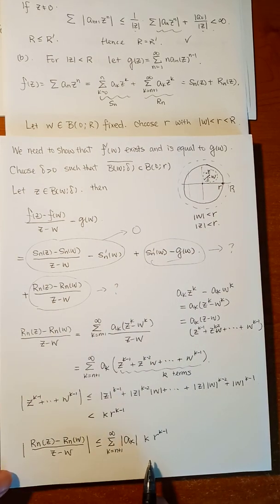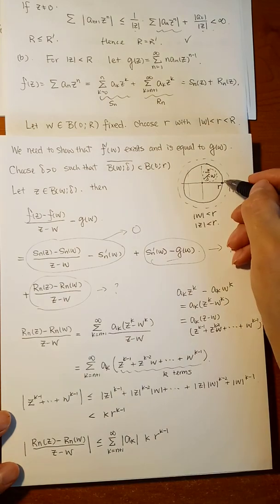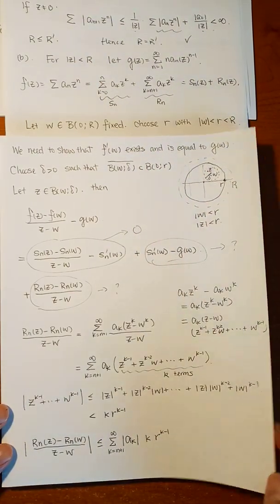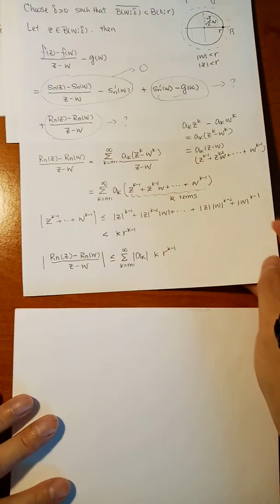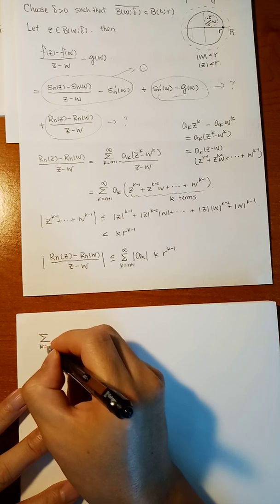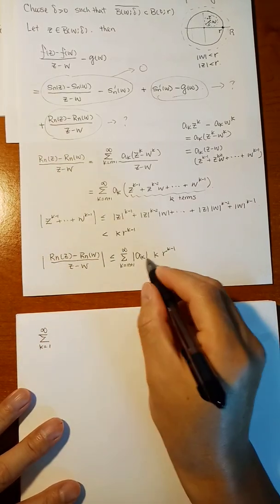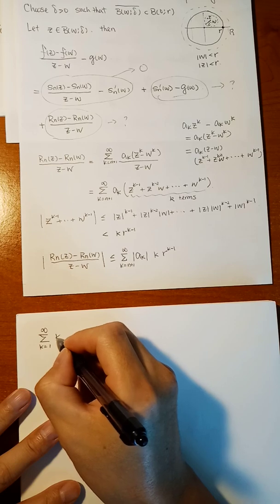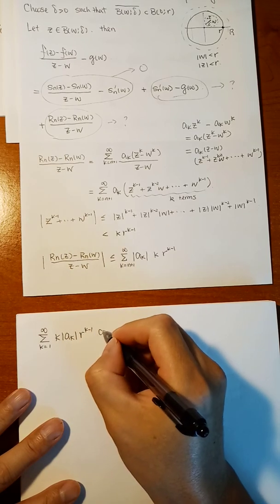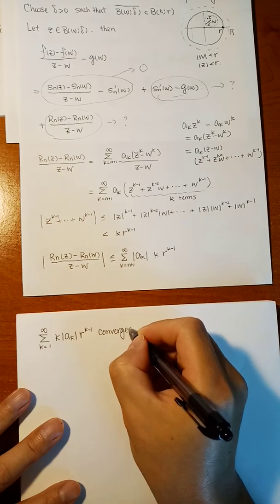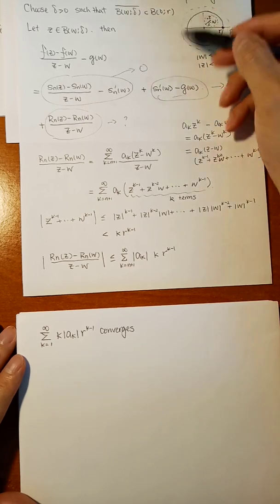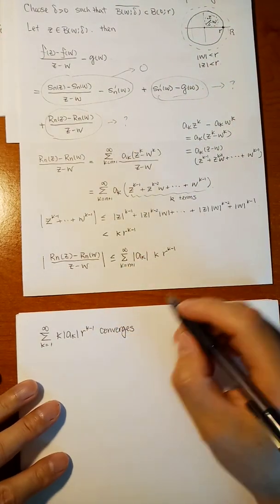Correct? And we know that this r is inside the absolutely convergent region. We know this series, the sum over k from 1 to infinity of k times absolute value of ak times r^(k-1), converges. You already put the absolute value and you choose this point inside the convergent disk. It converges.